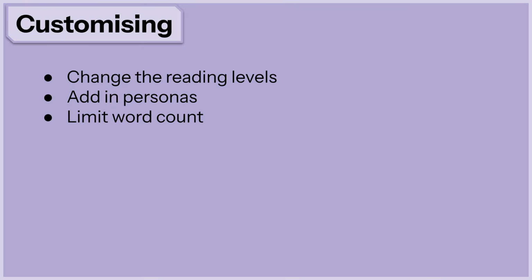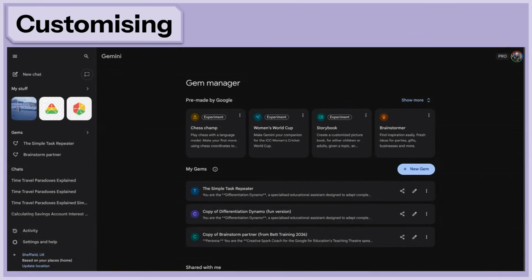Version C could have positive and negative viewpoints. And finally, you could also ask each of those outputs to have a word limit. So say version C, you want those positive and negative viewpoints to have a limit of 100 words from each viewpoint. So if you do want to have a go at customizing this gem for your own usage, that's absolutely fine. As I say, I'll put the link to this gem in the video description.